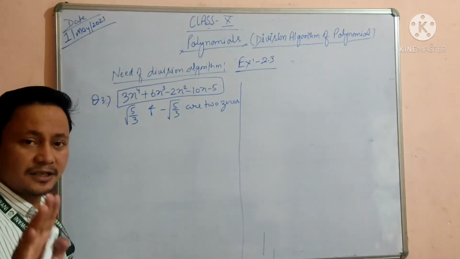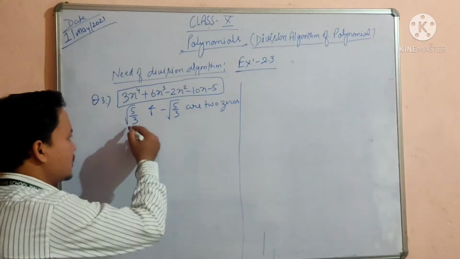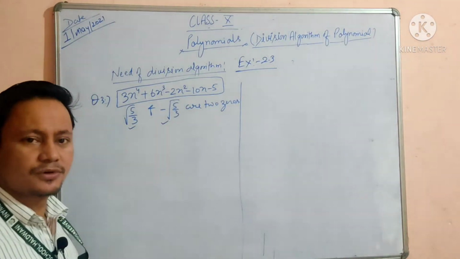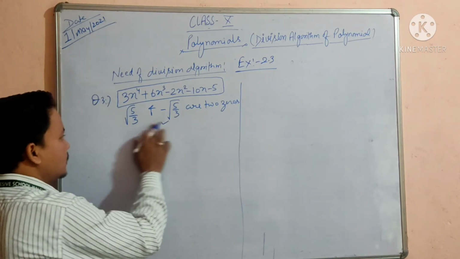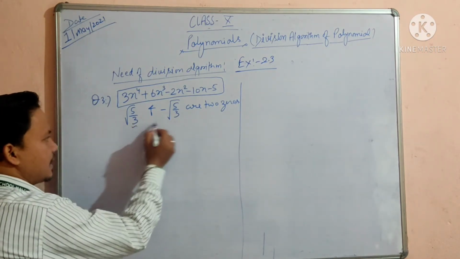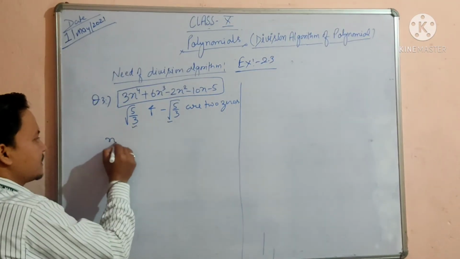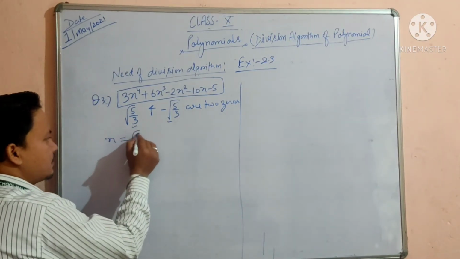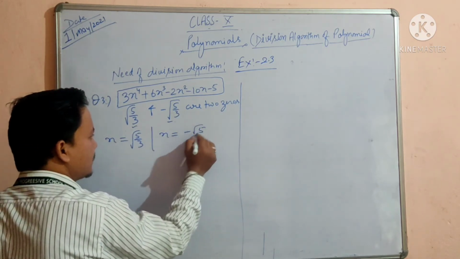Okay, so since the degree is 4, it contains at most 4 zeros. 2 are already given, and we have to find out the rest of the two zeros. So see beta, if this and this are any two zeros, then how can we express this? Like the first is x is equal to root 5 upon 3, and the second one is x is equal to minus root 5 upon 3.